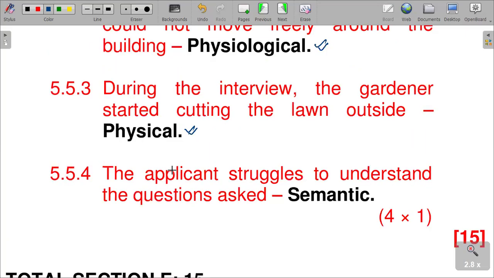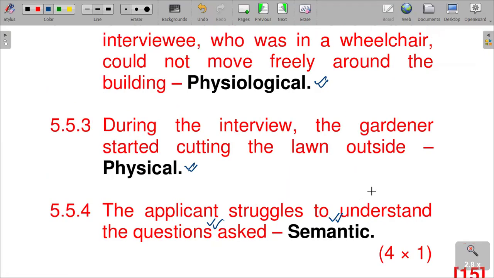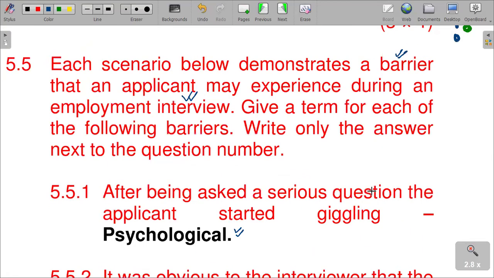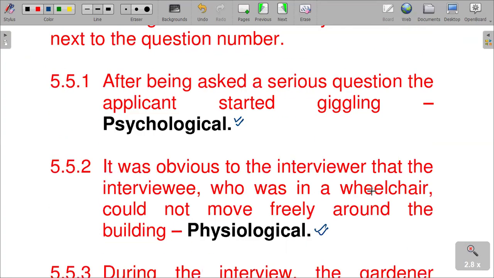The applicant struggles to understand the questions asked. That can be a semantic barrier. It can be technical language, which we call semantic. You need to understand the types of barriers that are experienced during an employment interview.